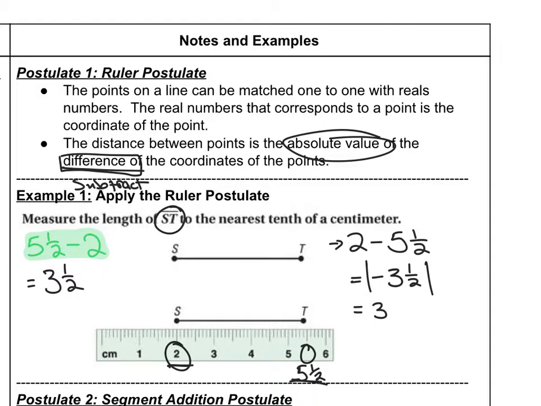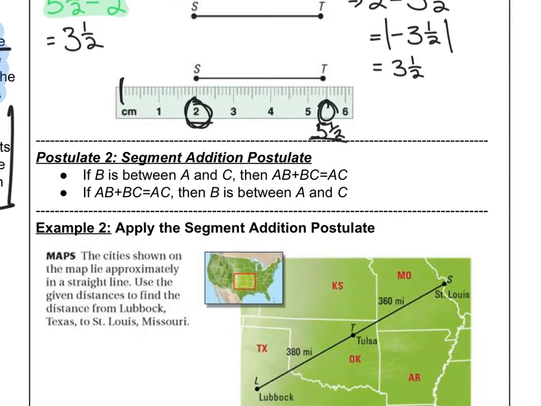So this would give you positive 3.5 as well. Again, most people would have put it on the line starting here. We didn't. So you subtract the coordinates to figure out the length of that line segment. Hopefully there's nothing new there, just seeing it a little differently.